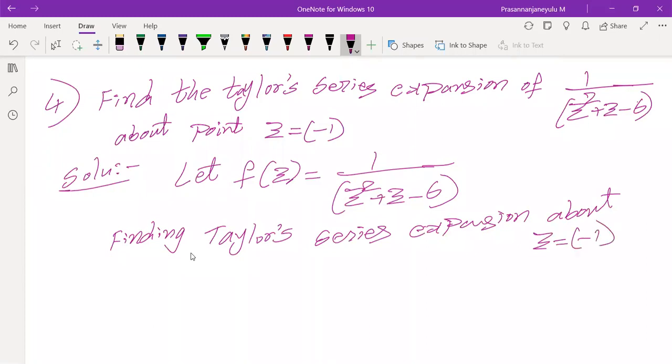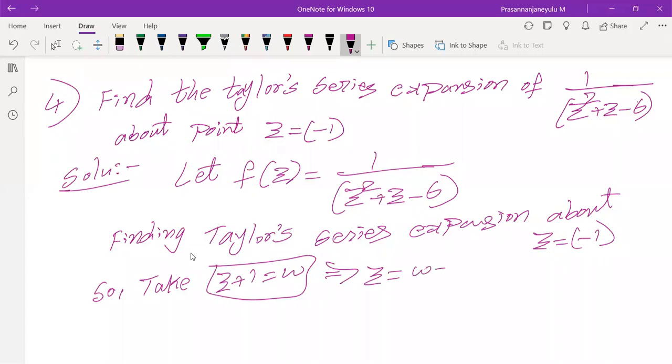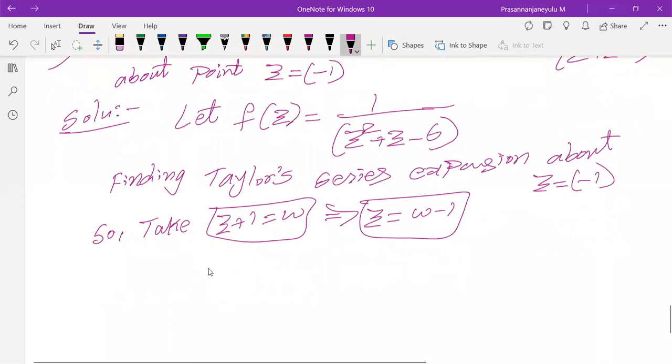Whenever it is about z equals minus 1, consider or put z plus 1 equals w. That implies z equals w minus 1. Now substitute this in the f of z function. Therefore, f of z becomes like this.